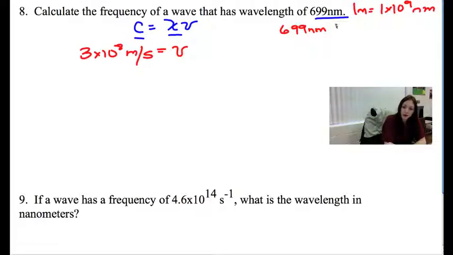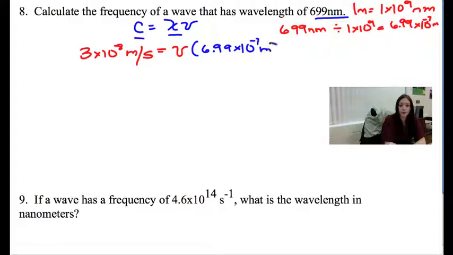So what am I going to do? I'm going to divide by 1 times 10 to the 9th. And I'll get 6.99 times 10 to the negative 7th meters. And that's the number that I'm going to plug in here. Now I'm good to go to solve for my frequency. So what am I going to do?